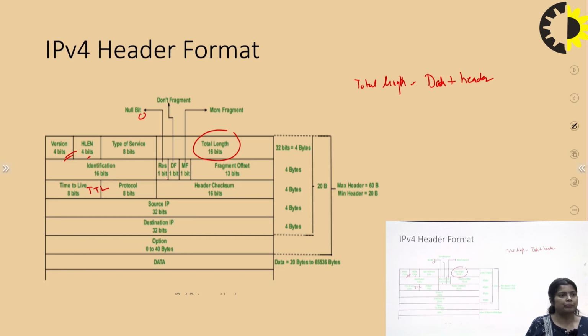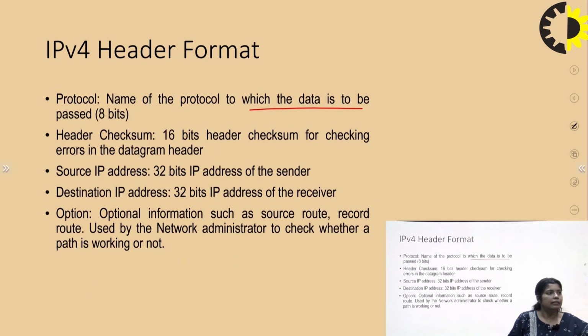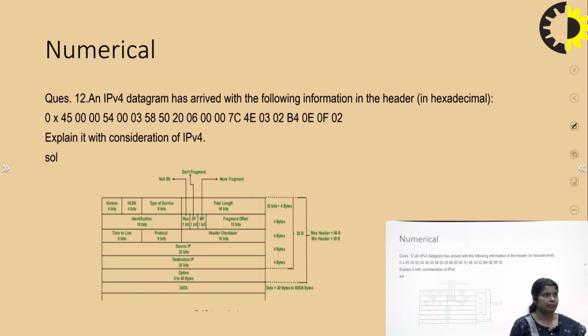These are the options, and padding is there. Now, options are generally for the source route. If the particular path is very congested, or there is traffic, then the source route will be changed to reach the destination.